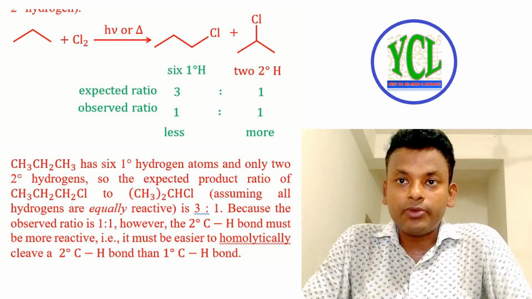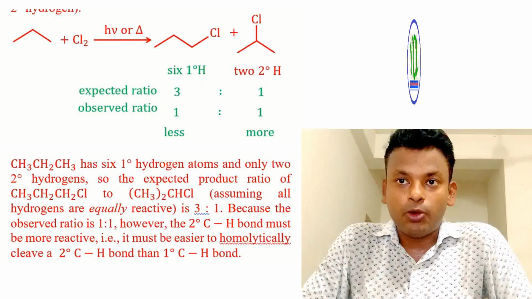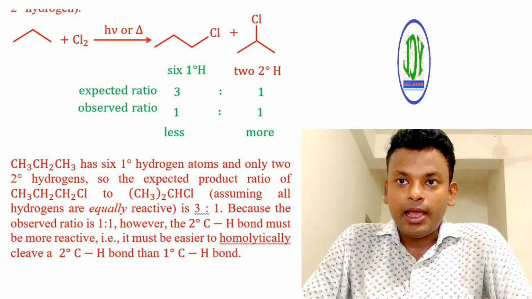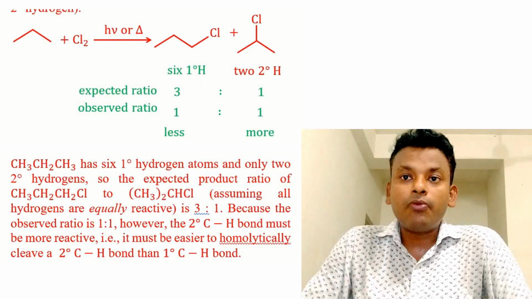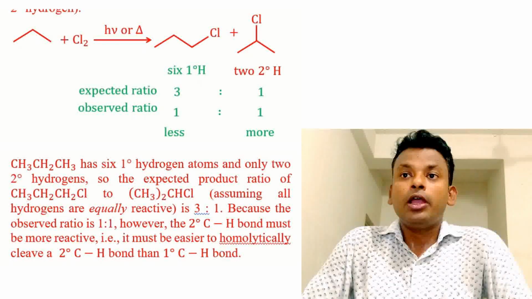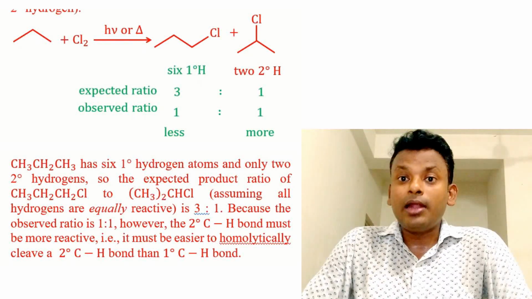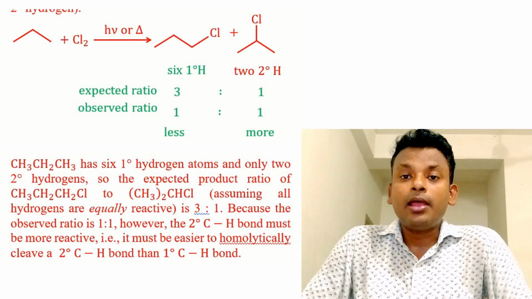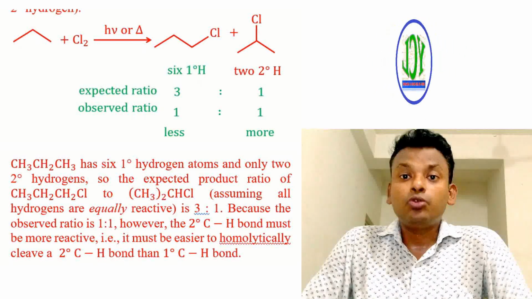Because the observed ratio is 1:1, the 2 degree C-H bond must be more reactive, that is, it must be easier to homolytically cleave the 2 degree C-H bond than the 1 degree C-H bond. So the 2 degree C-H bond is a weaker bond, requires less energy to break, and forms the more stable 2 degree radical.